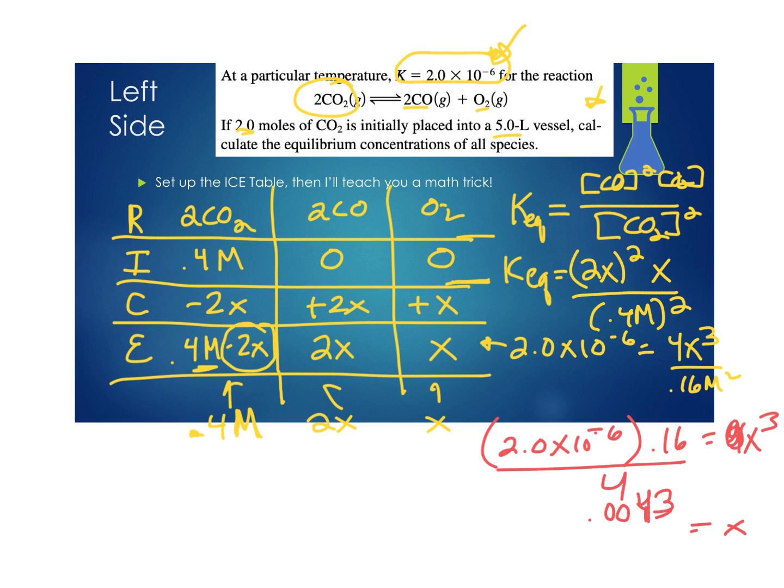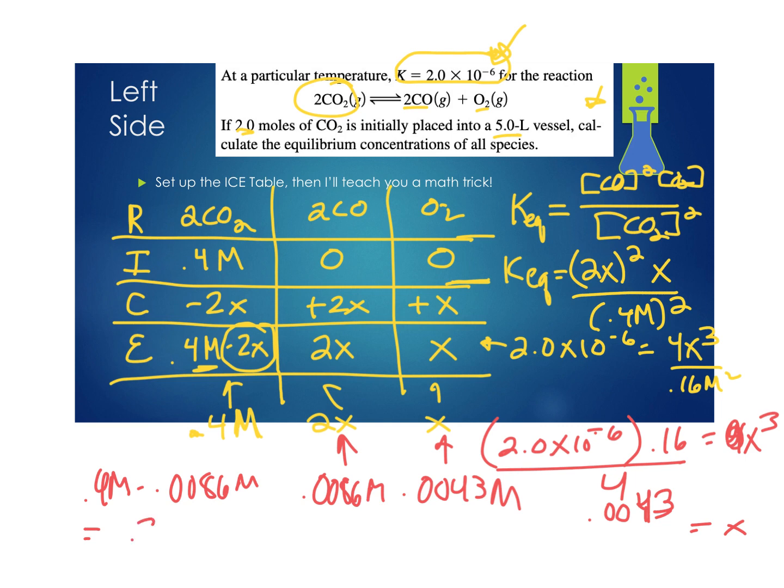So the equilibrium concentrations are 0.0043 molar for O2, 2 times that, 0.0086 molar for CO, and the last one is going to be 0.4 molar minus 0.0086 molar, which gives me a value of 0.39 molar.